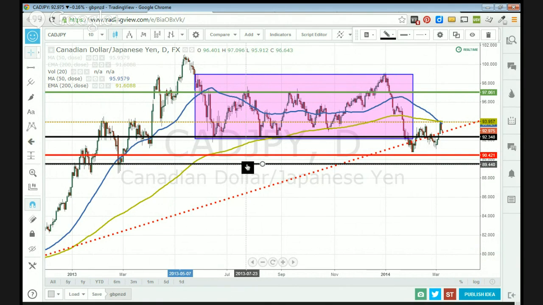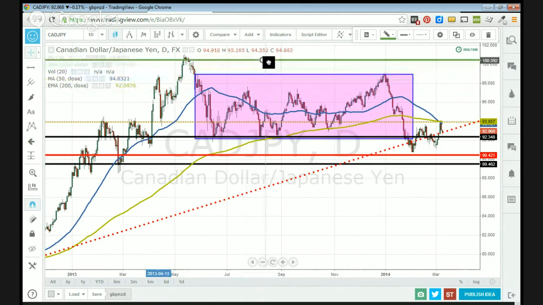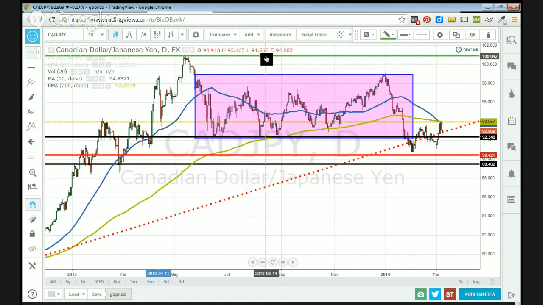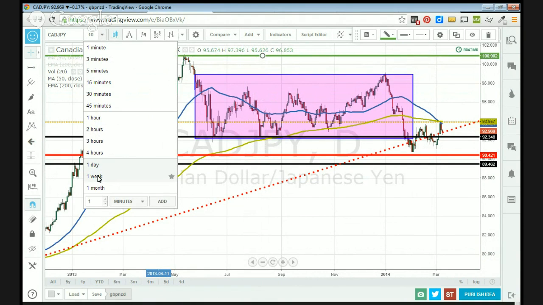That's interesting. So we put the stop about 200 pips away, and this target would have to go all the way up here, at least. Let's see what it looks like on the weekly chart.